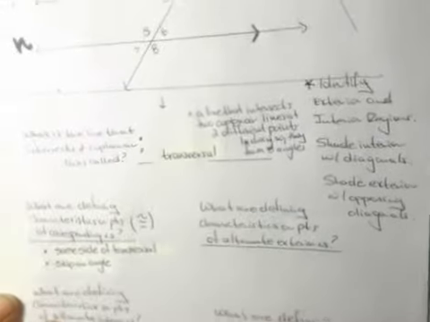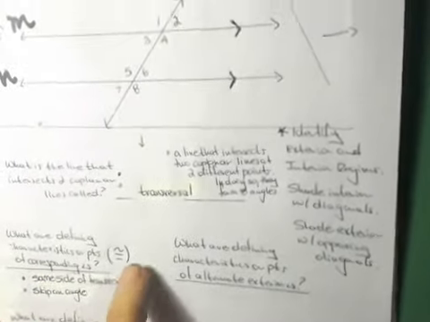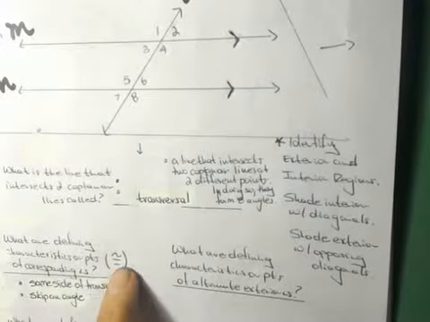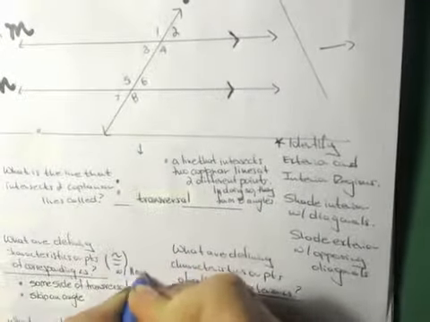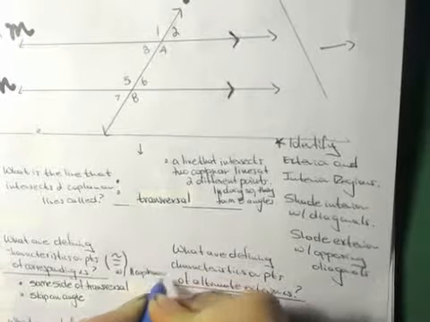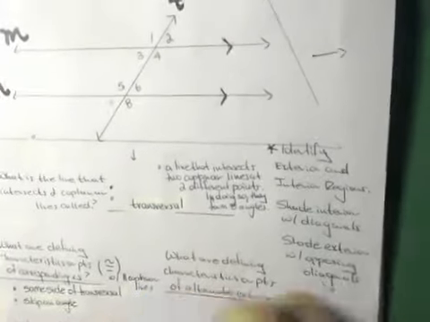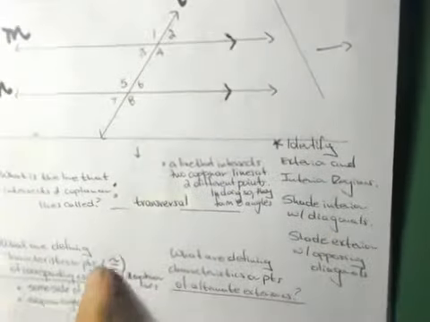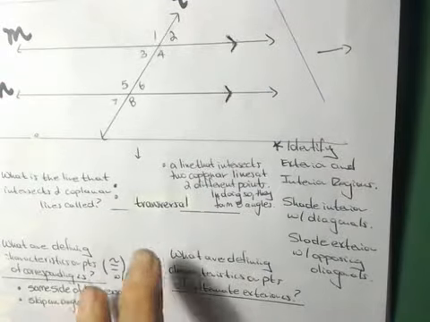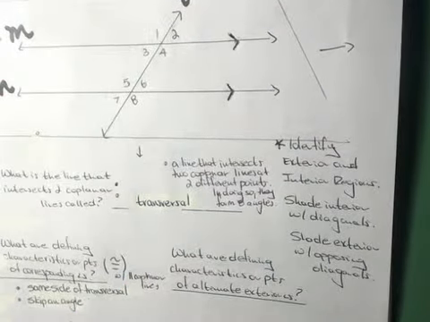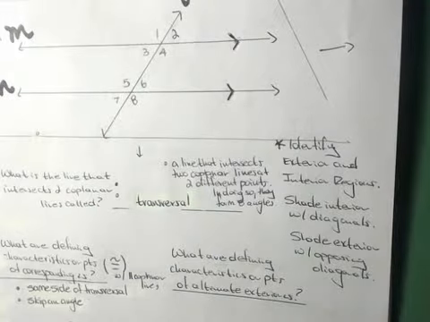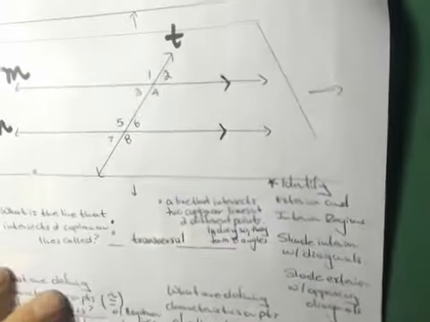These corresponding angles are congruent with parallel coplanar lines. We have parallel coplanar lines here, so these corresponding angle pairs, whatever they are, are going to be congruent. I'm going to circle 2, which is on the same side of the transversal.